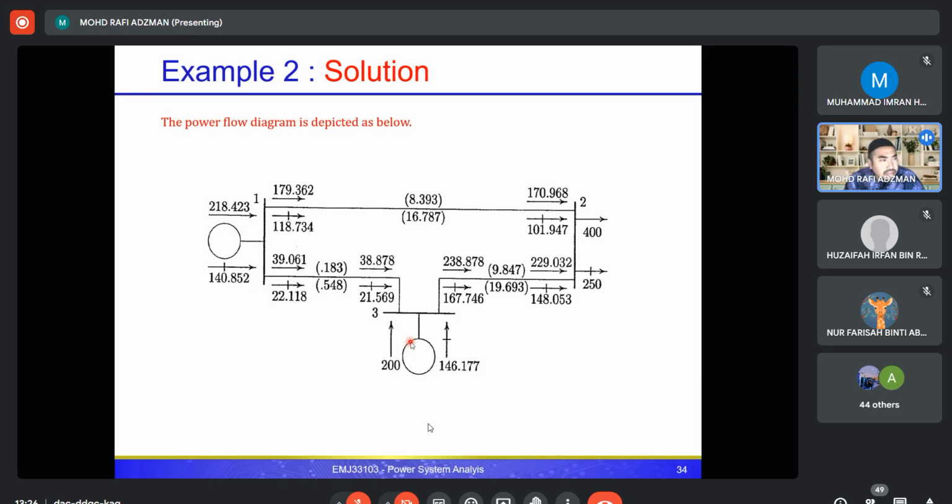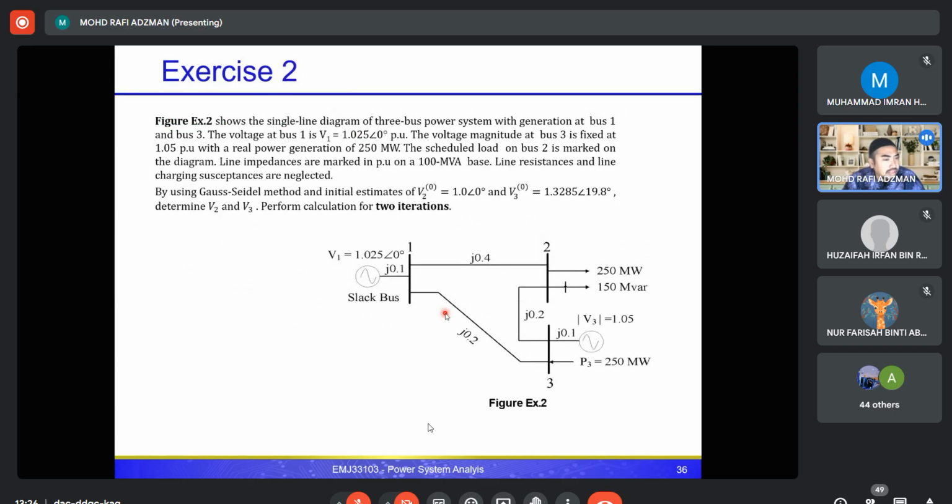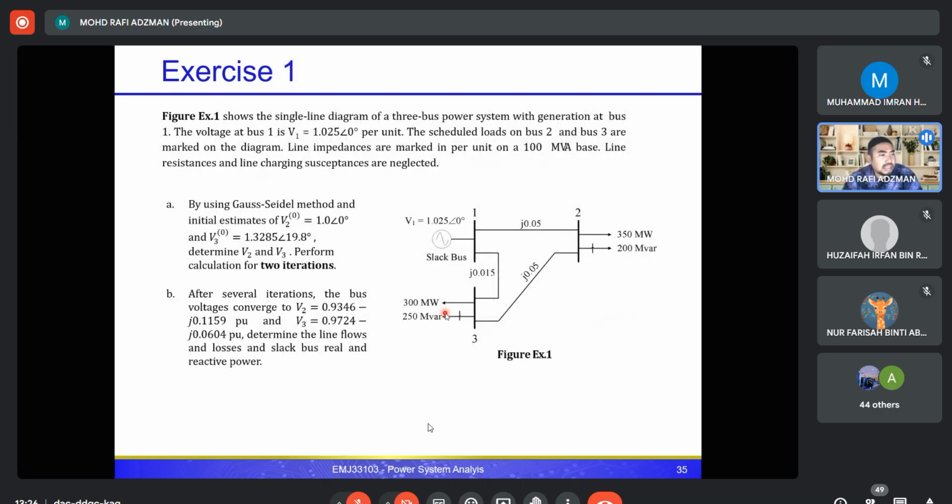Okay, so we have exercise 1, exercise 2. So you choose any specific one. If you didn't choose, I choose for you. Okay. So if you do exercise number 1, okay. Exercise number 1.